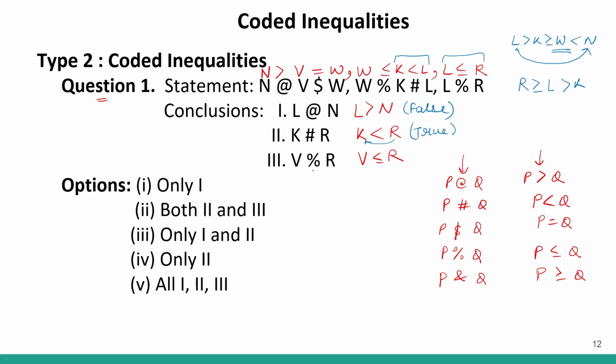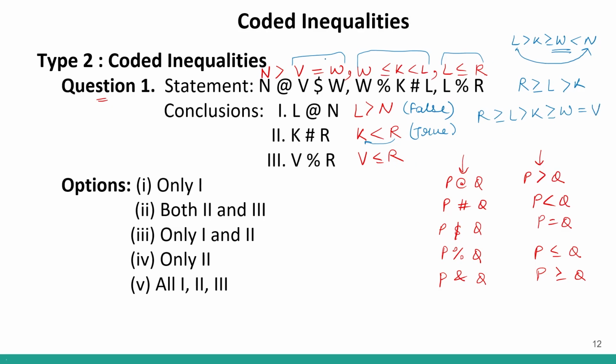Now coming back to conclusion number 3. Conclusion number 3 says that R is greater than or equal to V. So I can see the relationship between R and L and W and V. So if I write it, R is greater than or equal to L is greater than K is greater than or equal to W, and W equals V. Correct?